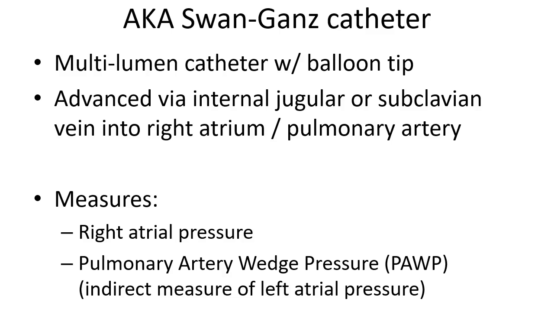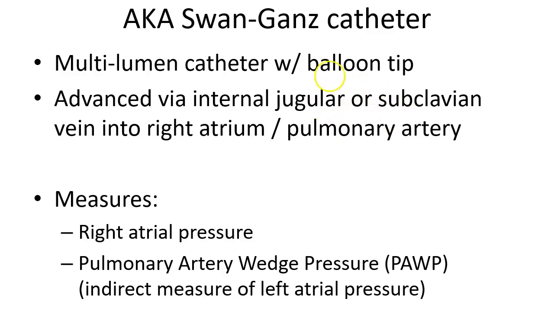So we want them, just like the three bears, just right. We want them in that normal range so that the patient isn't dehydrated, the patient is not in fluid overload. And this is going to be used in situations where patients are on diuretics, they're on fluids, and we have to titrate everything so carefully that the pulmonary artery catheter, the right atrial pressure, the pulmonary artery wedge pressure are going to help us determine that fluid balance for that patient.